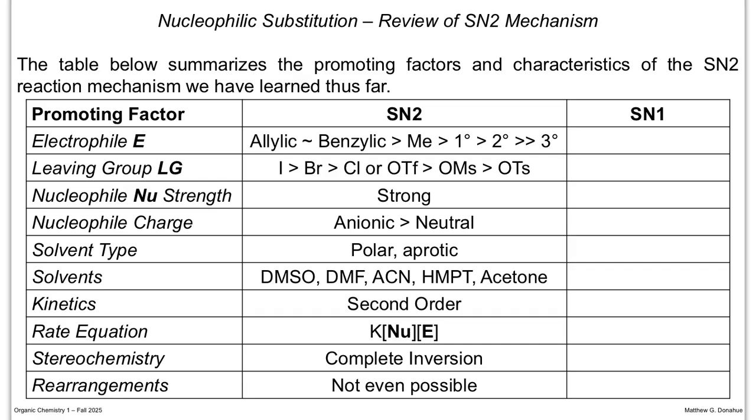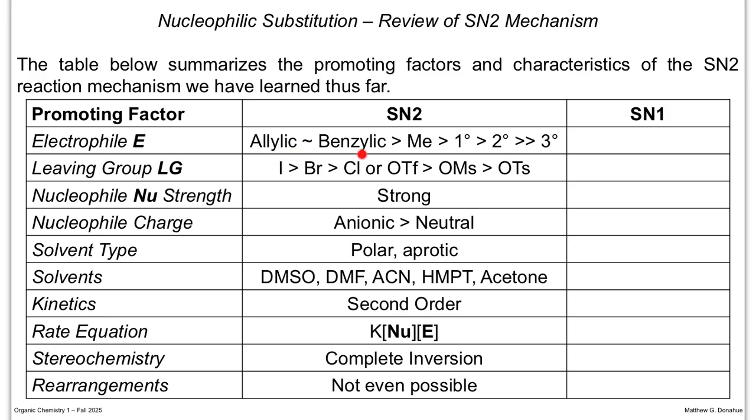And so what you'll see in terms of these trends, some things are similar, but most of them are kind of orthogonal in the sense of the trend flips. So our electrophiles, methyl is greater than primary, is greater than secondary, and tertiaries do not react.